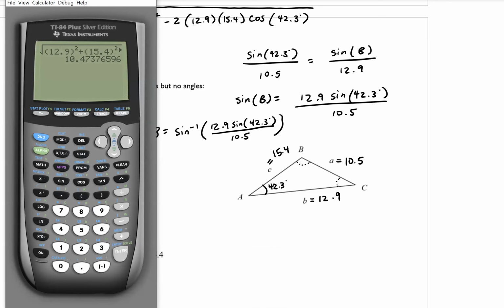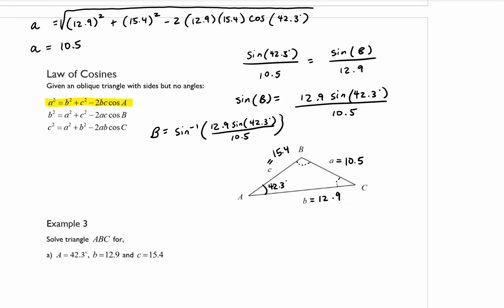So let's go ahead and throw that into our calculator. Okay, so that tells us that capital B is 55.8 degrees.